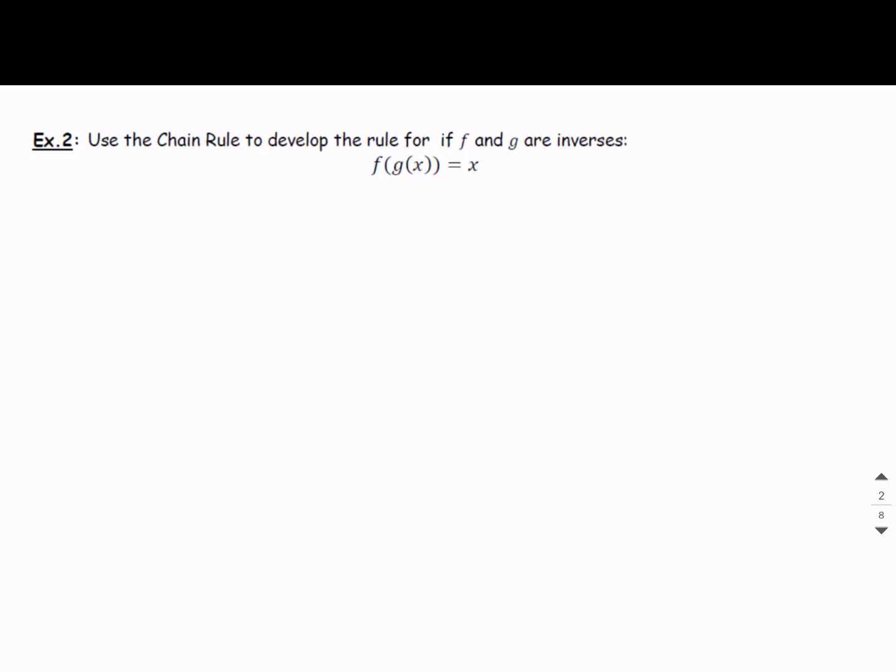So here we're going to use the chain rule to develop the rule, okay, if we know that f and g are inverses. Now, how do I know that f and g are inverses? If you recall the definition of inverses, if f and g are inverses, then f of g of x is the same as g of f of x, which is x.